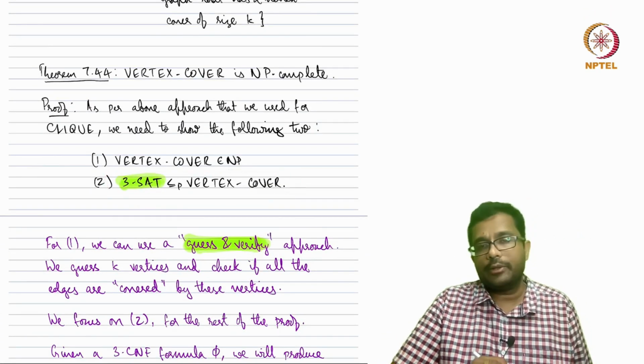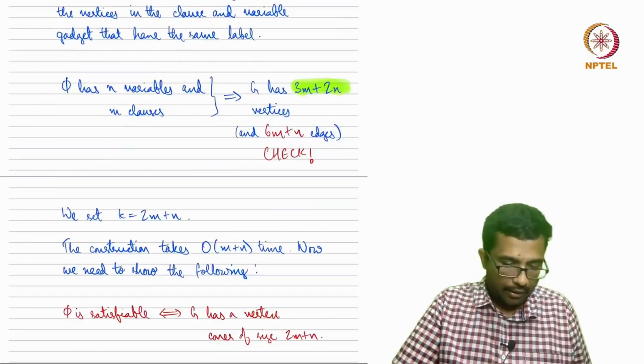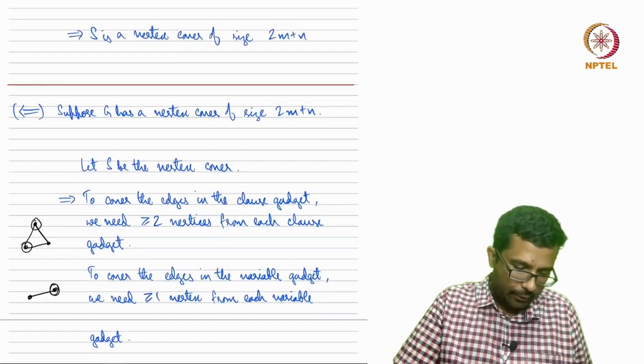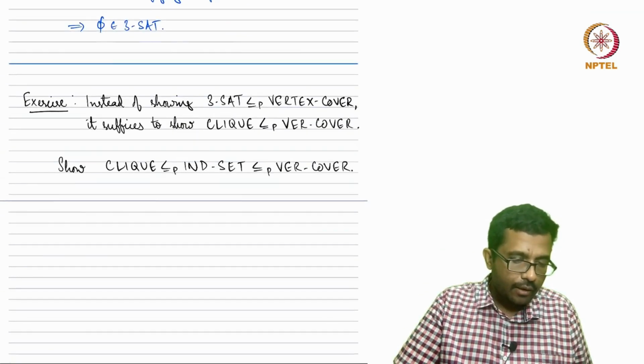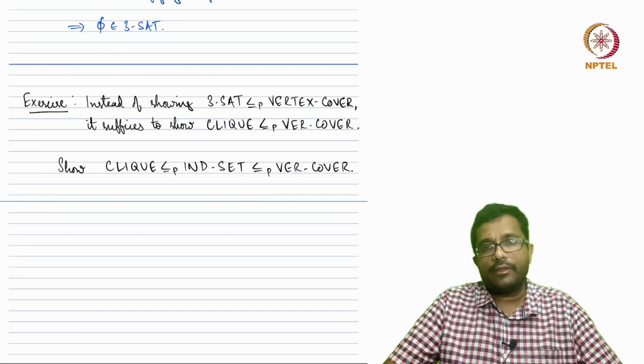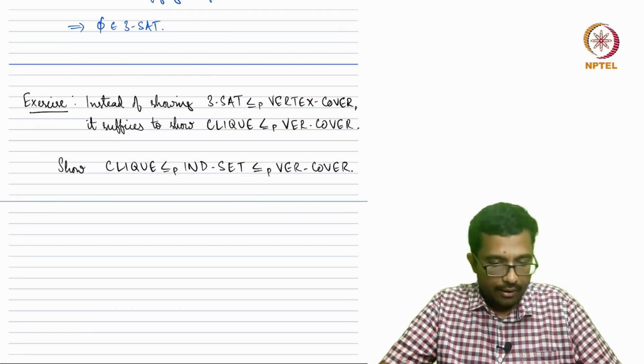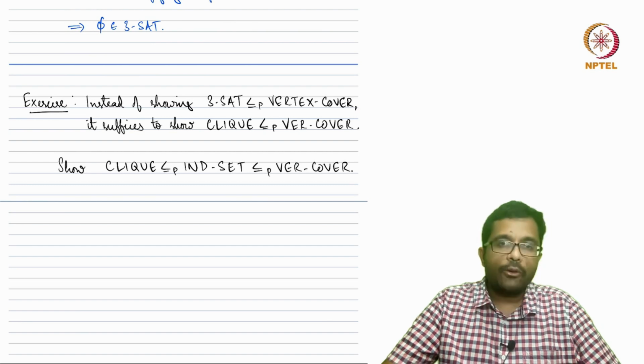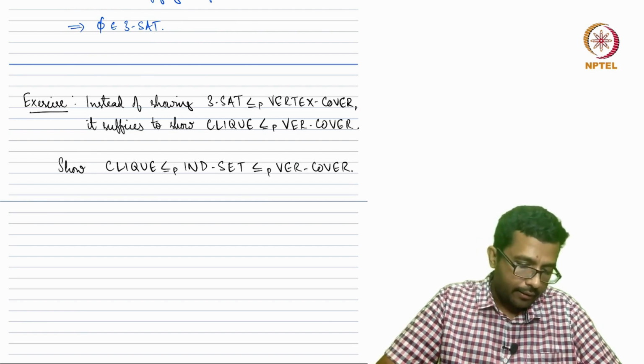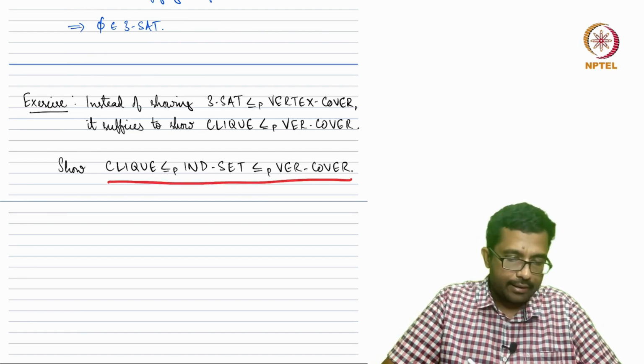So that is the final remark that I want to make. Instead of showing 3-SAT reduces to vertex cover, it's also enough to show that CLIQUE reduces to vertex cover. So just think about how we can reduce CLIQUE to vertex cover.